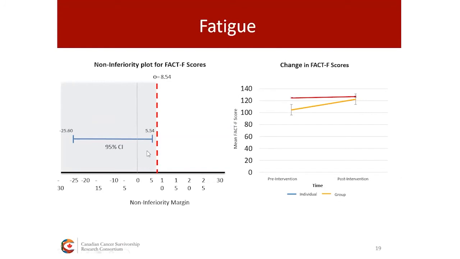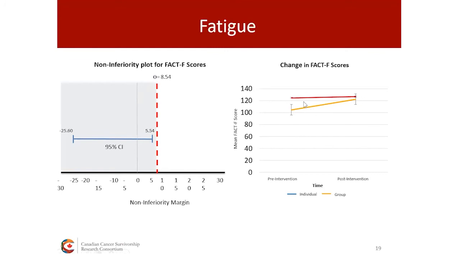Here, for the group acupuncture to be determined as non-inferior to individual acupuncture, we needed the non-inferiority margin to be greater than the upper limit of the 95% confidence interval. So here, the non-inferiority margin was 8.54, which is greater than 5.54, suggesting that the group acupuncture was non-inferior to individual acupuncture.